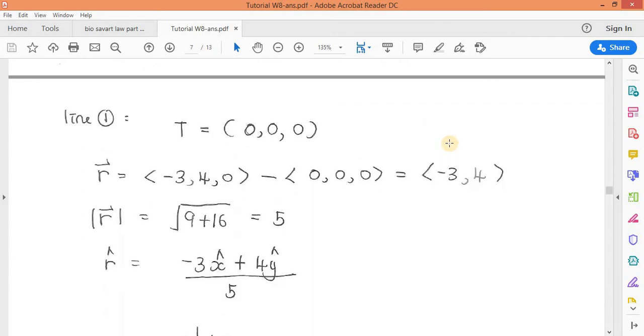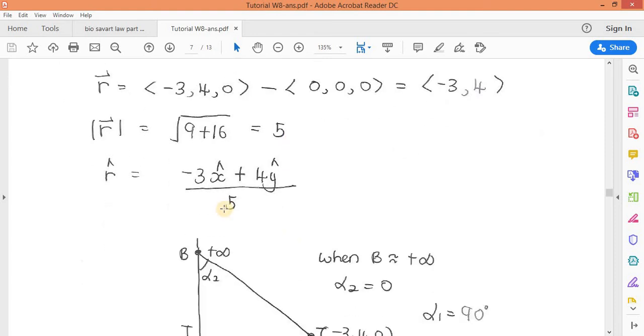So your point t will be (0, 0, 0). And for the vector r, you take the observation point minus the point t, and you get -3x plus 4y. After that, continue to find the magnitude of vector r, and this is the unit vector r.